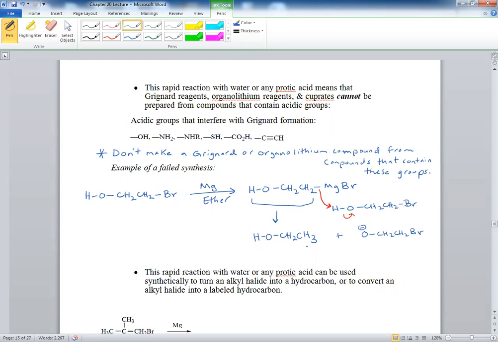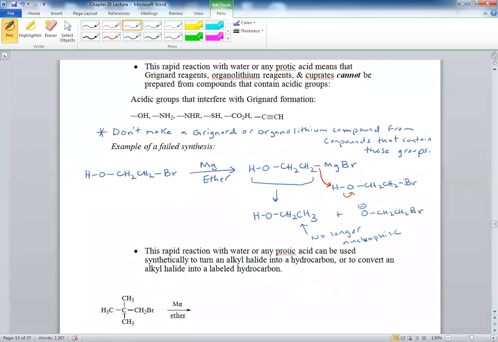So this is no longer nucleophilic, and the reaction will stop. It's just a methyl now. There's no electron-rich carbon anymore.